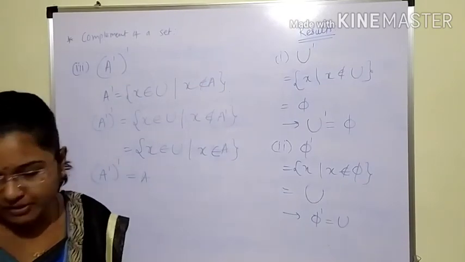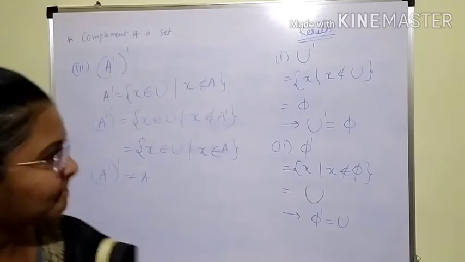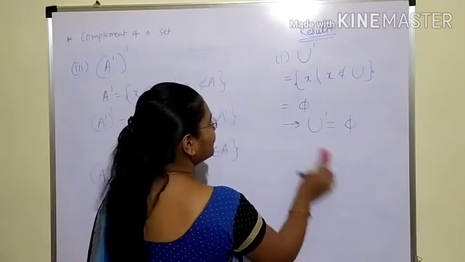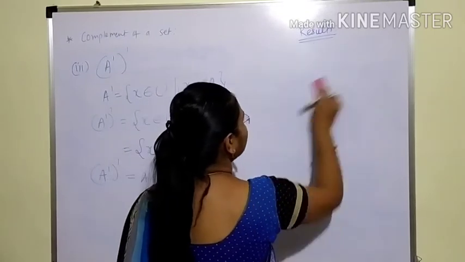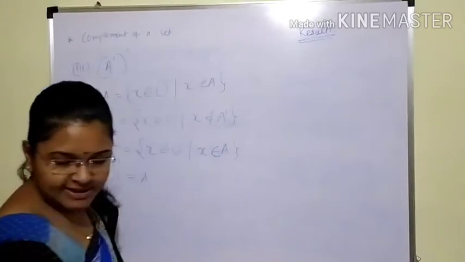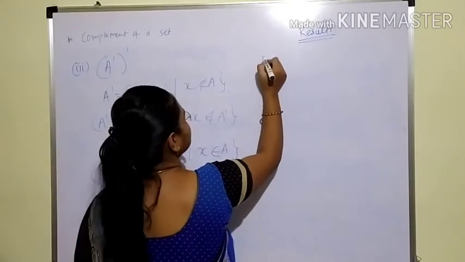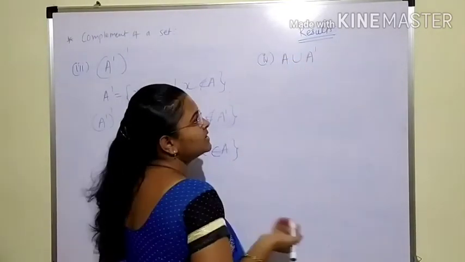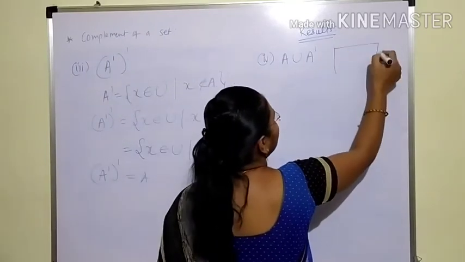Getting it? Now the fourth one, the union of a set with its complement, meaning A union A complement. Students, if you want, I will draw the Venn diagram also.